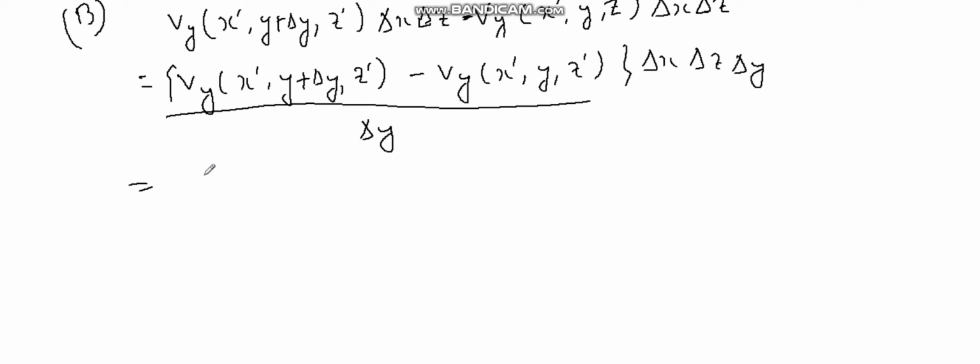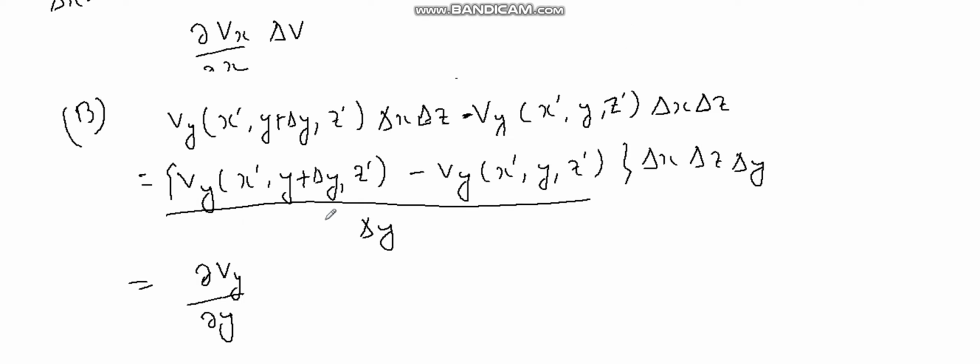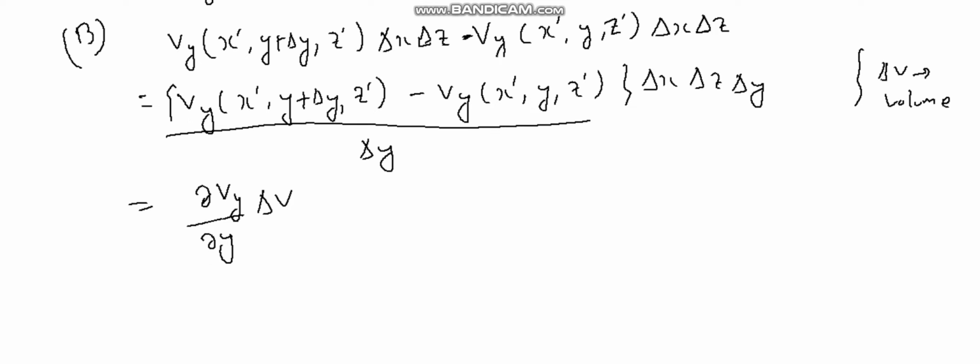So that will give the partial derivative of Vy with respect to y times delta x delta y delta z, which is delta v, the volume. So from the flux we are getting this volume term as well.